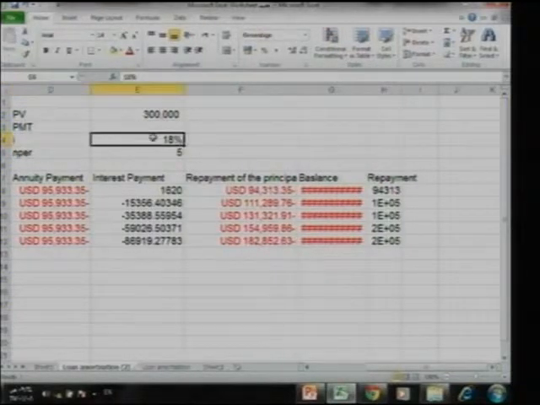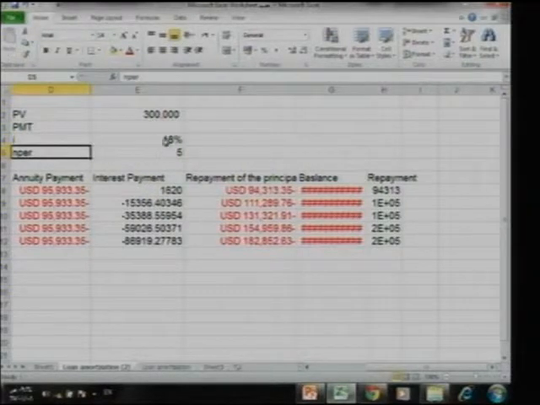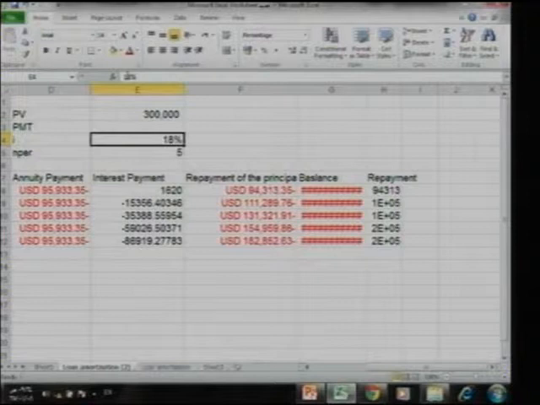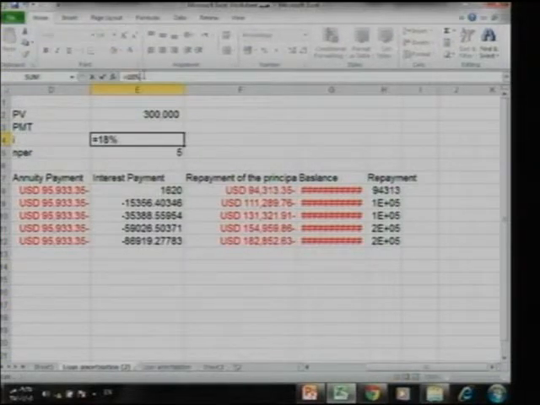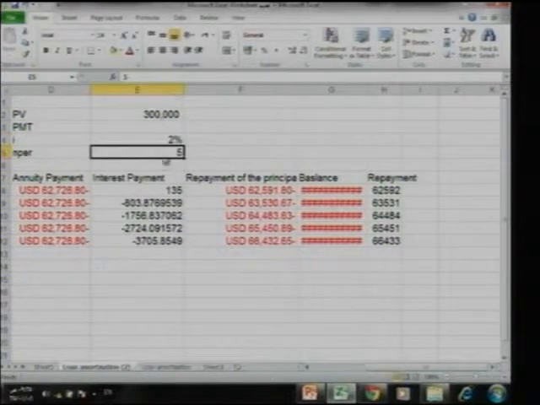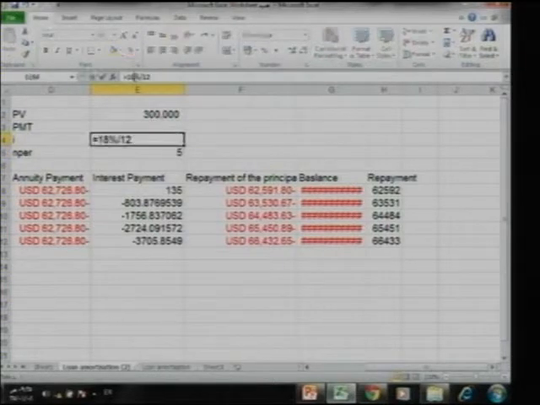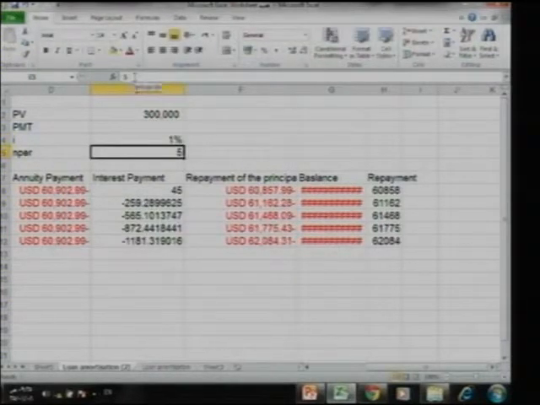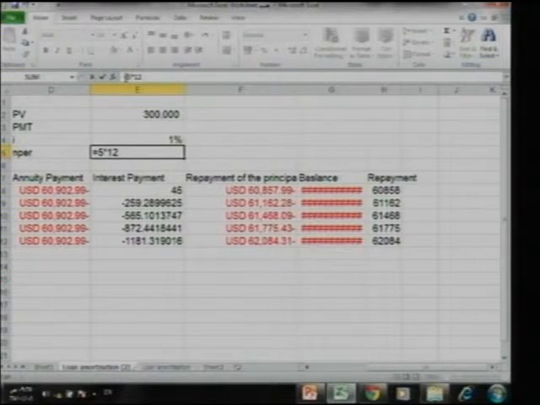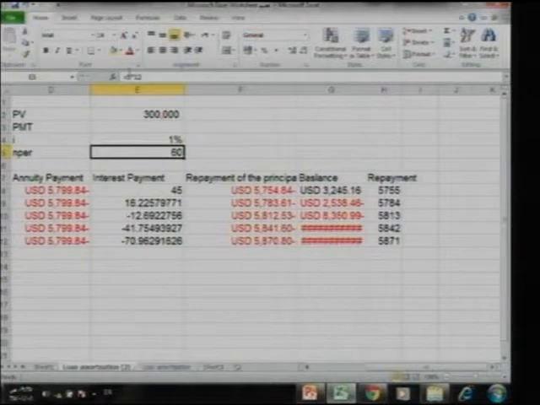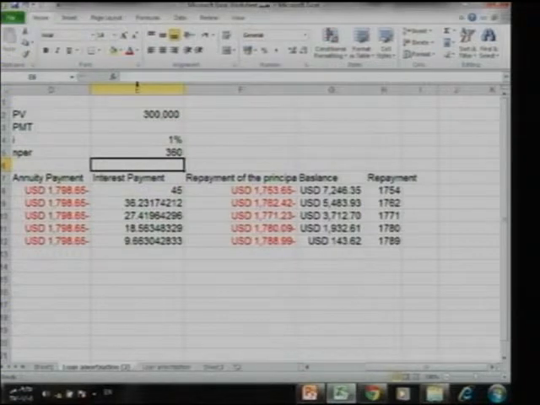I is 6%. Okay, 6% divided by 12. Okay? And the number is times 12. For how many years? 30. For 30. So we have 360 months.